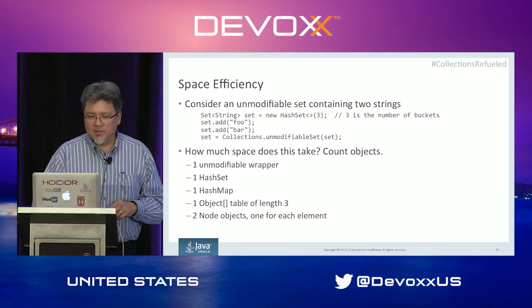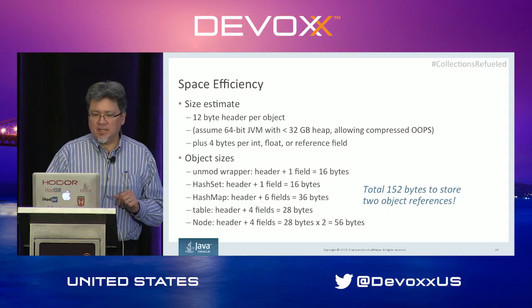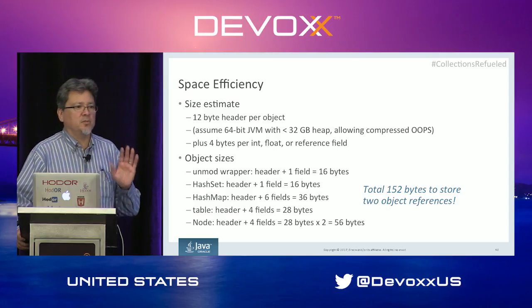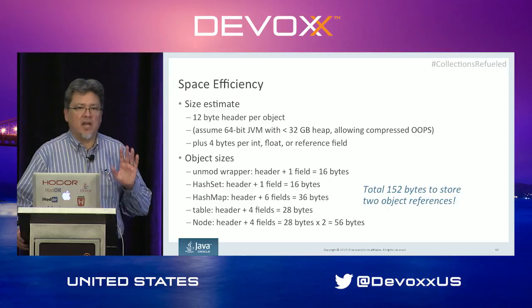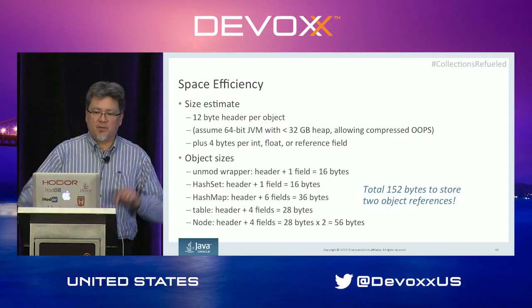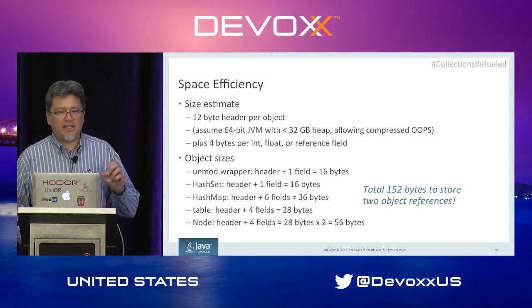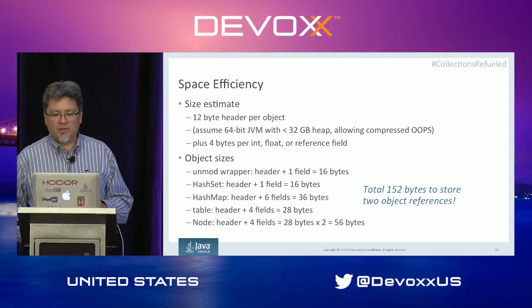I'm running short on time, so I have a bunch of stuff to say about space efficiency, but I just want to say very briefly, the existing collections, especially things like HashSet, are pretty space inefficient. They use lots of objects and lots of pointers to different objects. So if you put a couple entries into a hash set, it takes 152 bytes to represent a hash set with 2 entries.